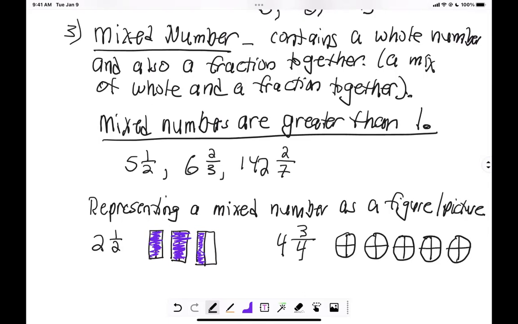I don't really have to make them all 4 pieces, but just to give you an idea. So I have 4 wholes, and then 3 out of 4 left. So I have my 4 wholes and I have 3 out of 4 for 4 3/4. And you should notice it's almost 5, right? We're only a quarter short of 5.